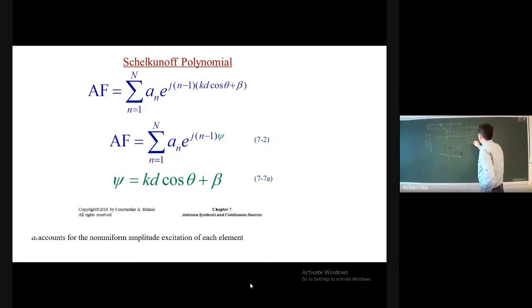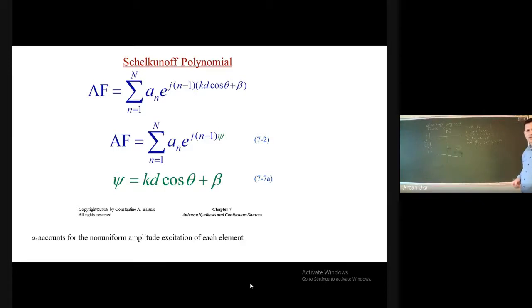The AF is equal to the summation of all the antenna array components, going from 1 to n, where we have a_n multiplied by e to the power j (n minus 1) psi. Now psi is equal to kd times cosine theta plus beta.